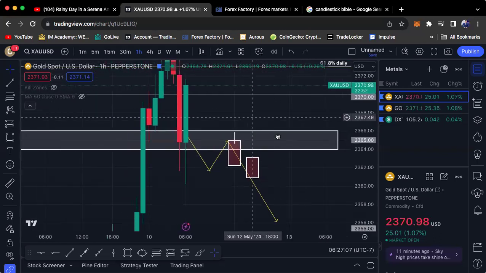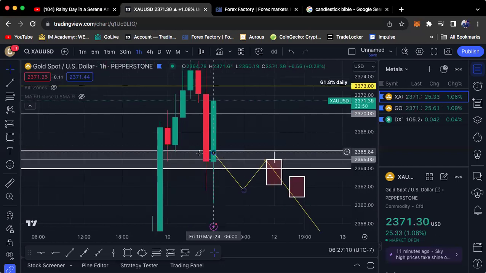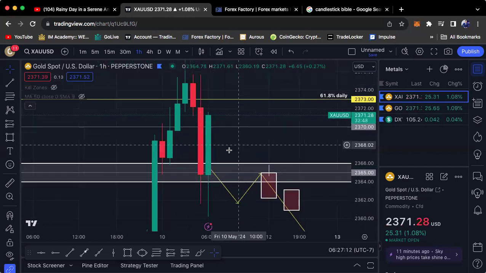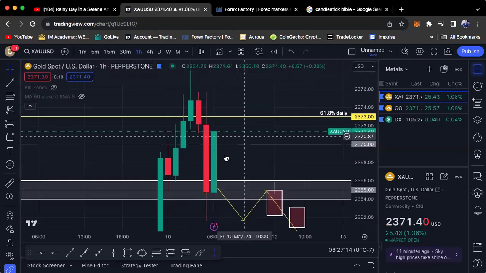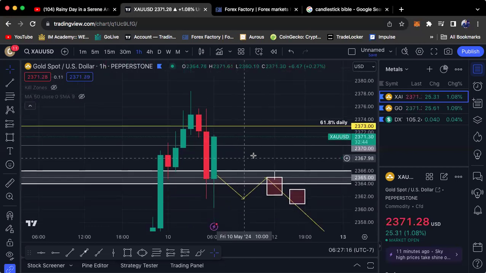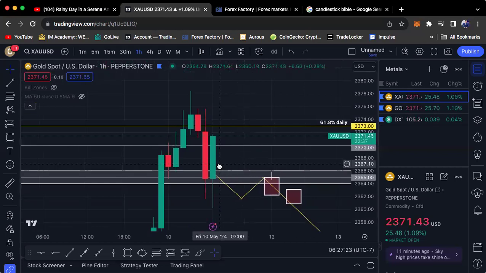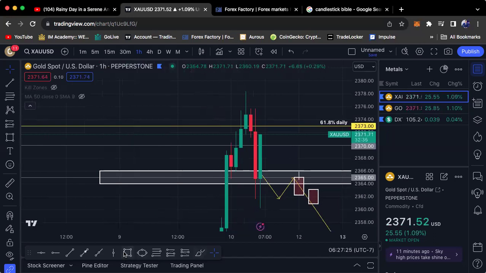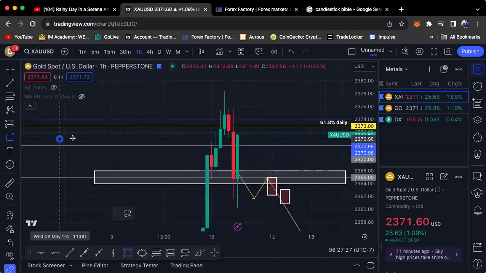Okay. But as you can see here, price is supporting the zone. So it may continue to the upside. Right now it's at 2370. It's respecting this zone here.